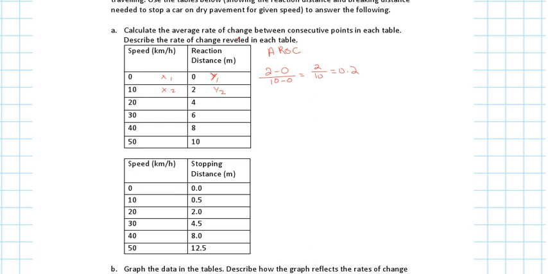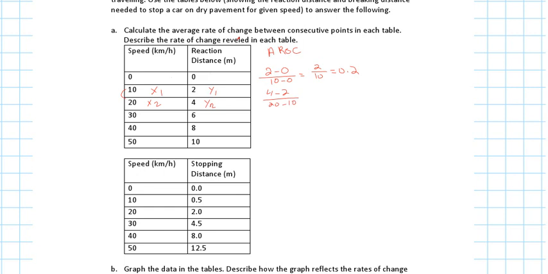Now, look what's going to happen. Eyes on me for a second. To do the next 2 points, I'm going to take these 2 points, so now this is your y2, this is your y1, this is your x2, this is your x1. These are the next two consecutive points. So it's 4 take away 2 over 20 take away 10.